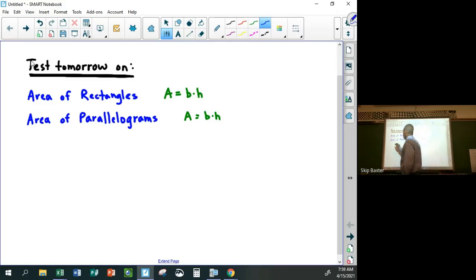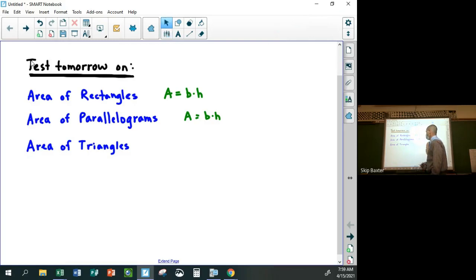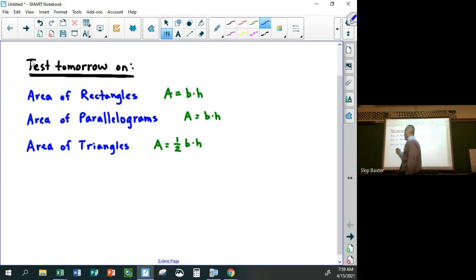Okay, then we did area of triangles, but we did this in 3 different ways. We did it first just by using the normal formula, 1/2 base times height. Then we also did it by graphing points in the XY plane.